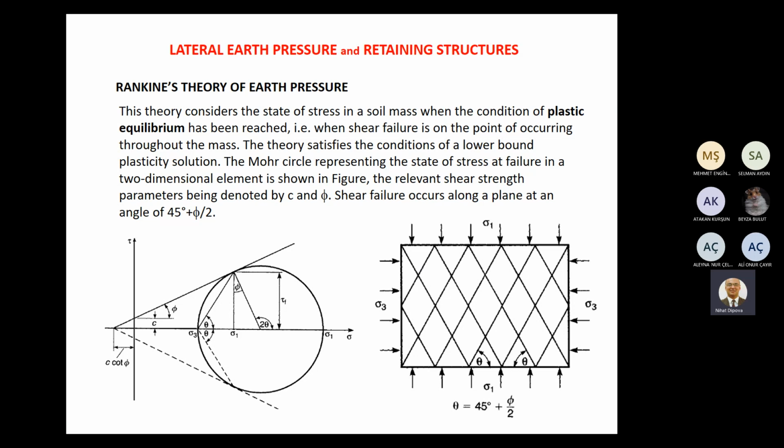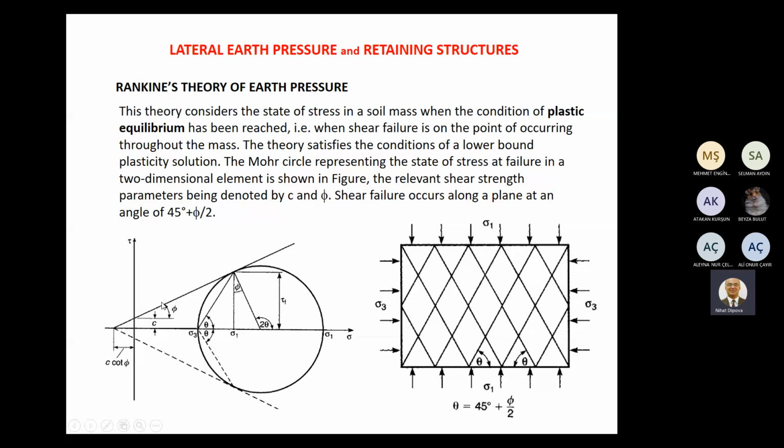The Mohr circle representing the state of stress at failure in a two-dimensional element is shown in this figure. The relevant shear strength parameters, as shown here, are cohesion and internal friction angle.